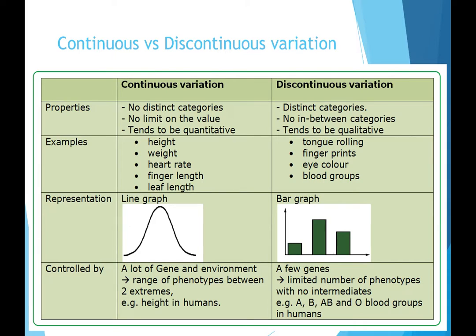Okay, so a discontinuous variation is monogenic. Okay, and we have very distinct categories. There's no in between. Okay, it tends to be qualitative.